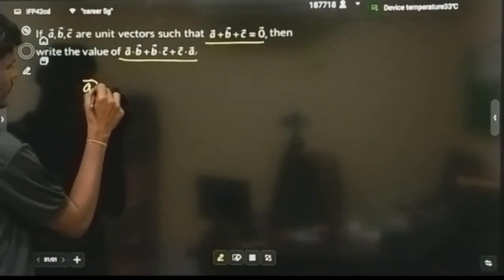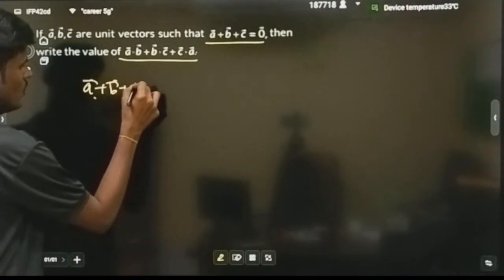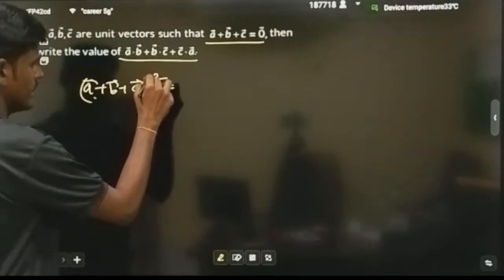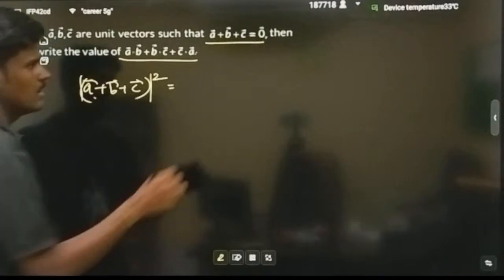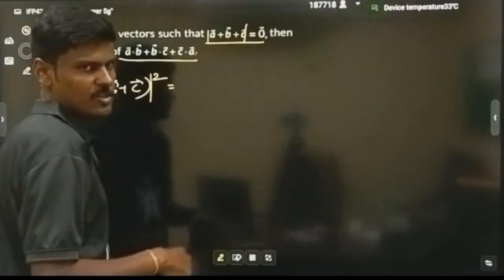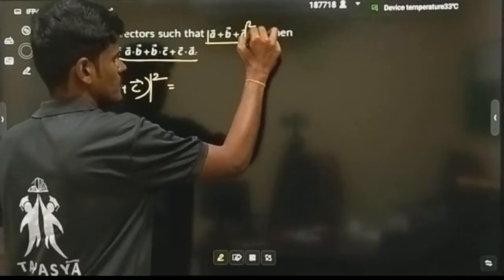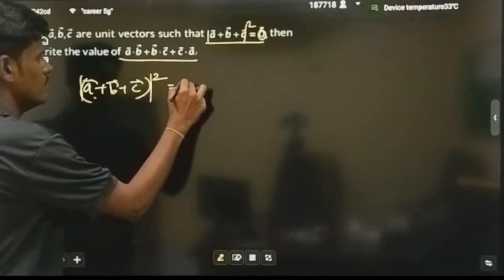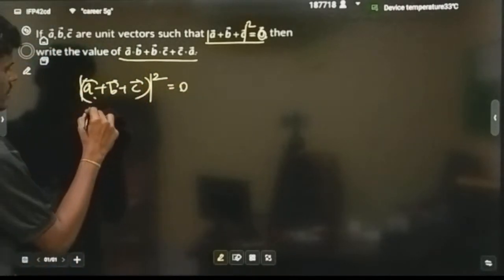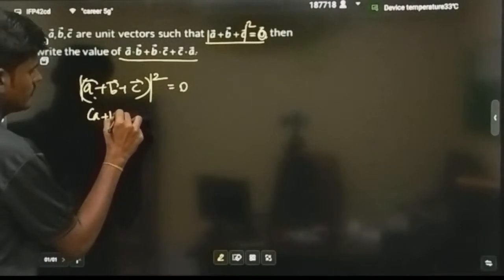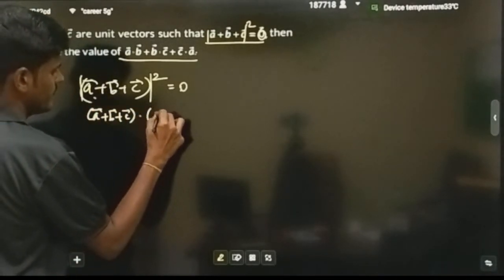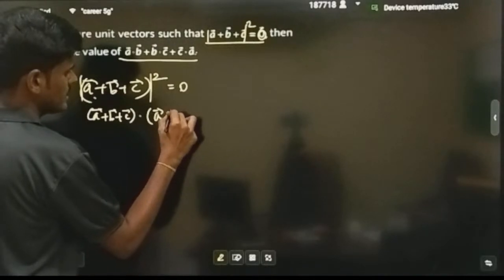Then we can write (A + B + C) whole square equal to, take modulus and square this. Modulus value will be 0 and its square will also be 0. So that means this value is 0 and this is nothing but (A + B + C) dot (A + B + C).